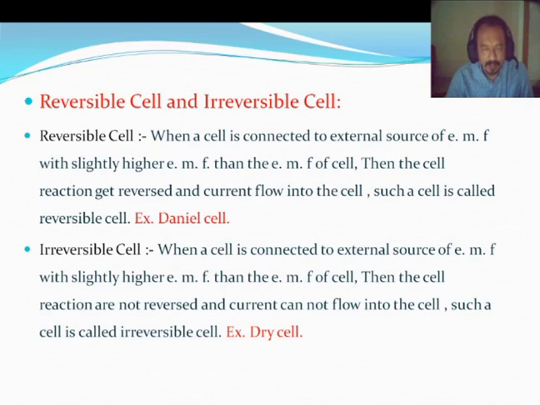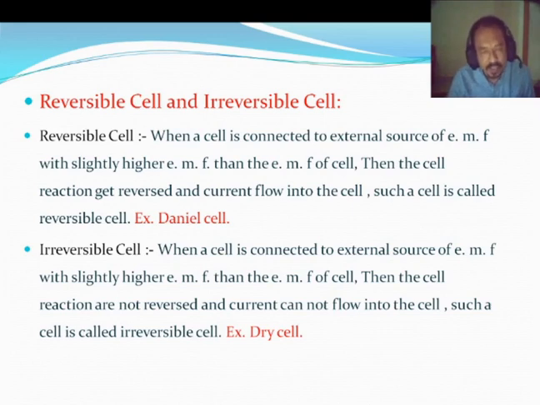Third condition, if a cell is connected to an external source of EMF which has an EMF lower than that of the galvanic cell, at that time the cell reaction is as it is and current flows from the cell.